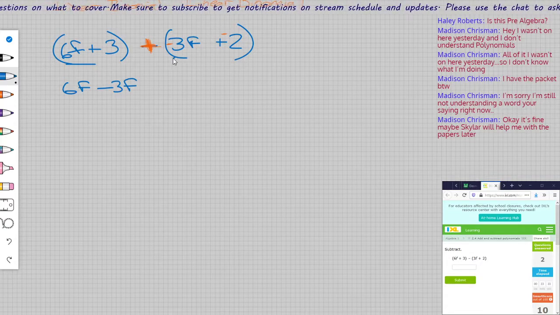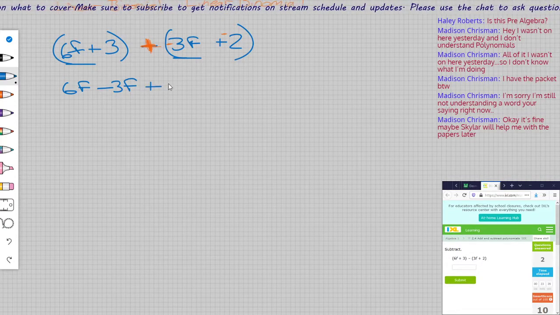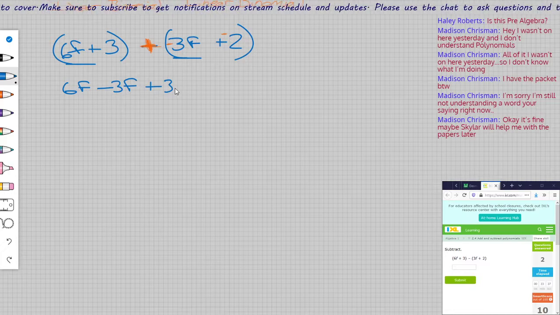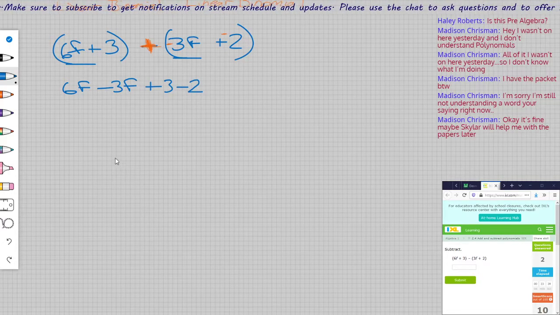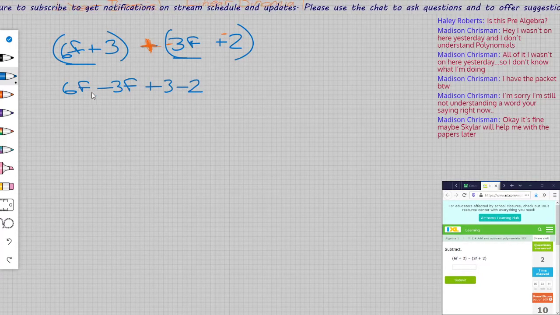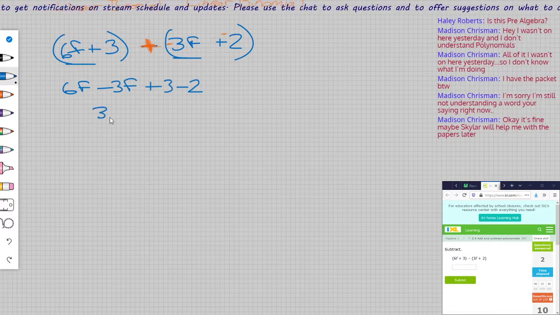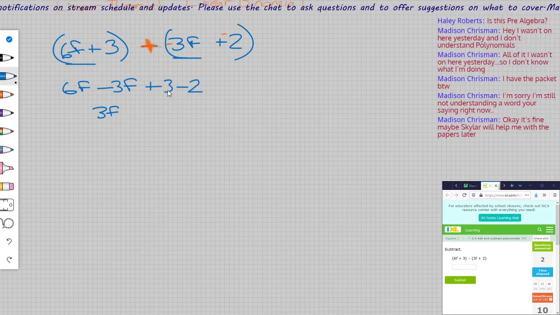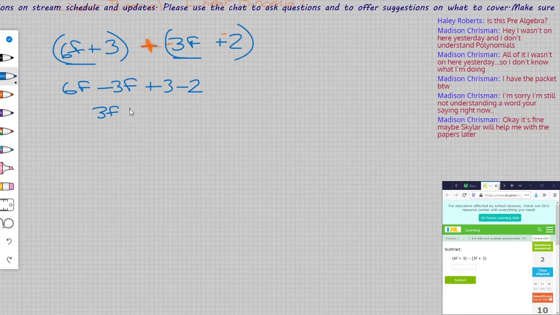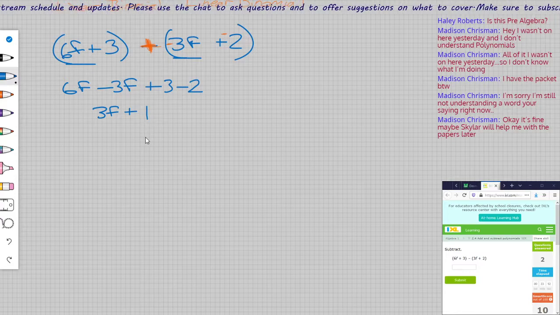So we got those written down. Positive 3 minus 2, because it's a negative 2. Alright, simplify. So 6f minus 3f is going to be 3f. 3 minus 2 is going to be plus 1. And then that would be your answer.